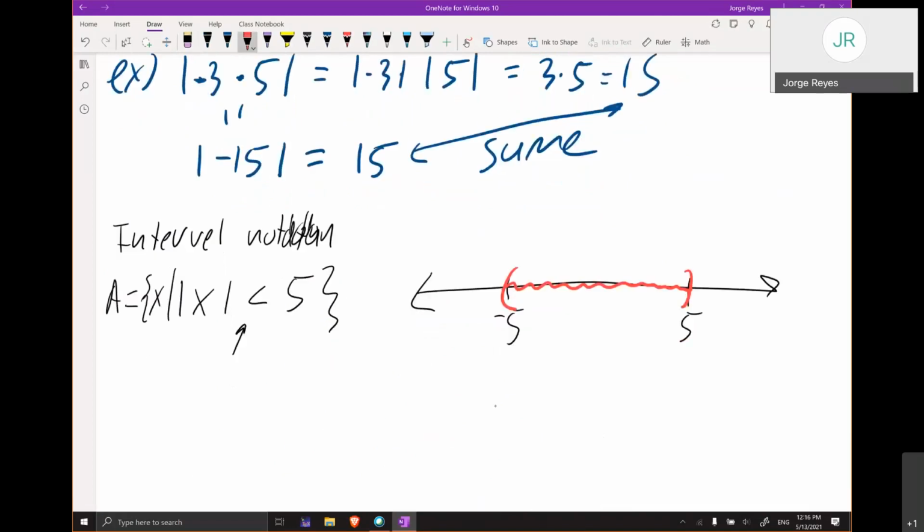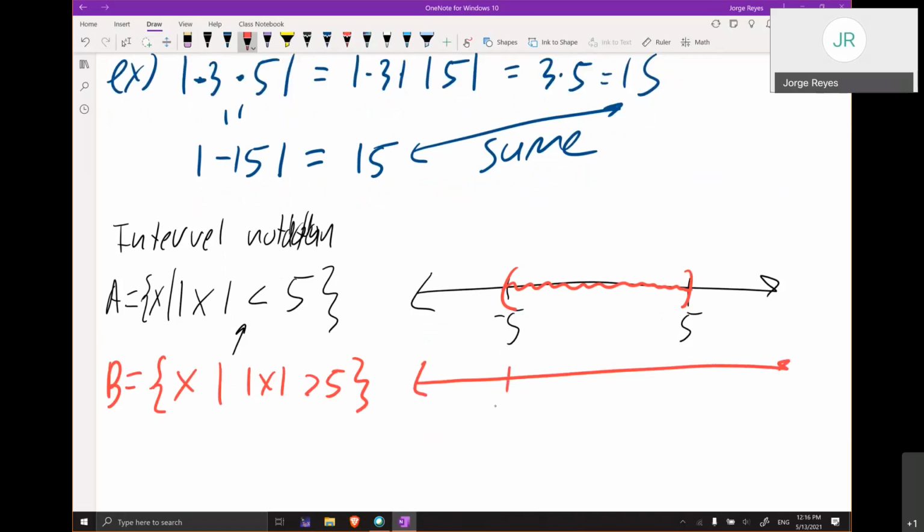But if you have the opposite, so I have a set where I want the absolute value to be bigger than 5, then you do the -5 and 5, but you're not going to be inside, because that would be smaller. You would be outside.